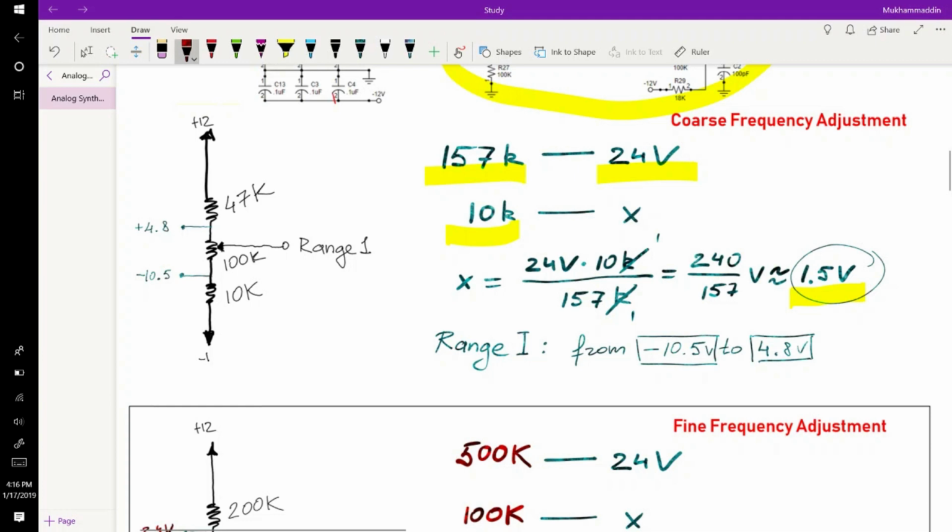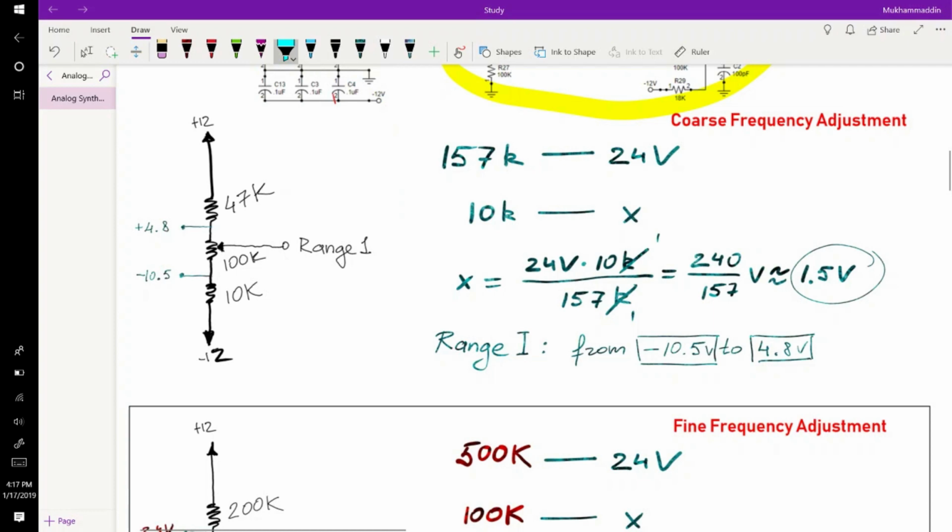So that means if we start from minus 12, then 10k up will be corresponding to minus 10.5 volt. Then 100k up will be corresponding to plus 4.8 volt. So the range of I is from negative 10.5 volt to 4.8 volt. It will be actually a little lower than that, and I'll explain that later.